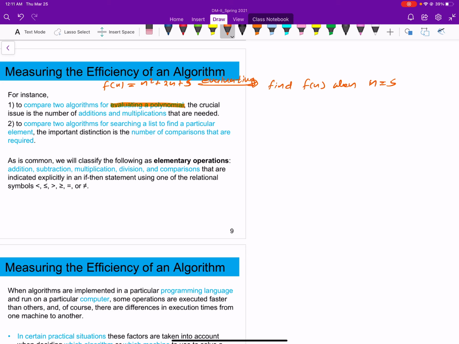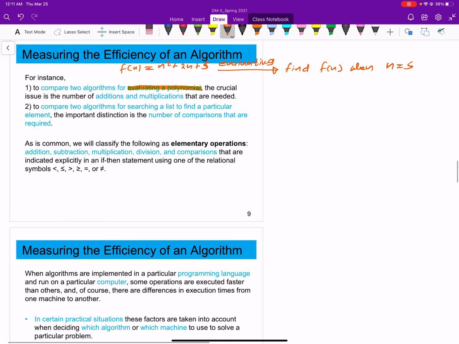When n equals some number, you have to find f of n. That is what evaluating a polynomial means.